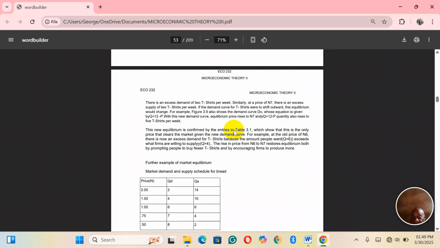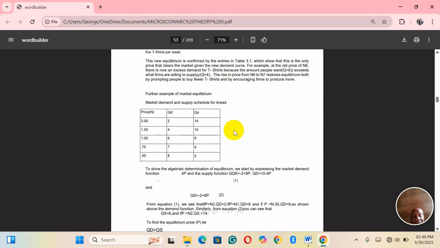produce more. So we can see a further example of market equilibrium, where we see the market demand and supply. When the price was 2, the quantity demanded was 2, quantity supplied was 14. At 1.50, quantity demanded was 5, quantity supplied was 10.